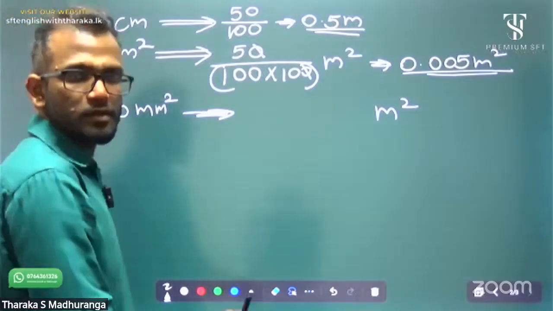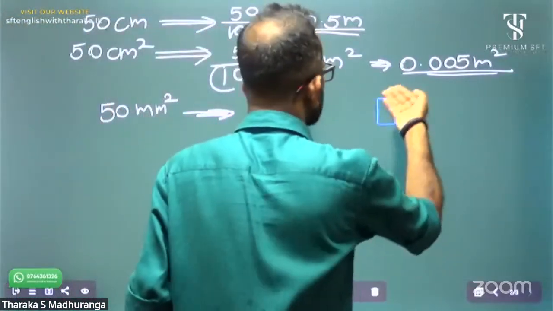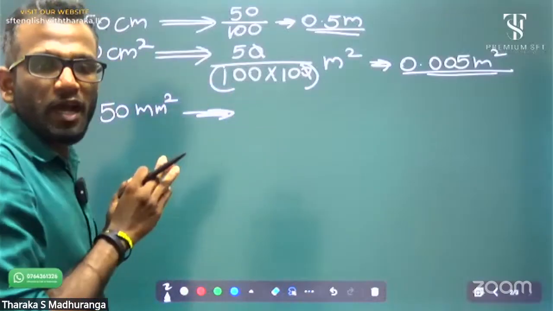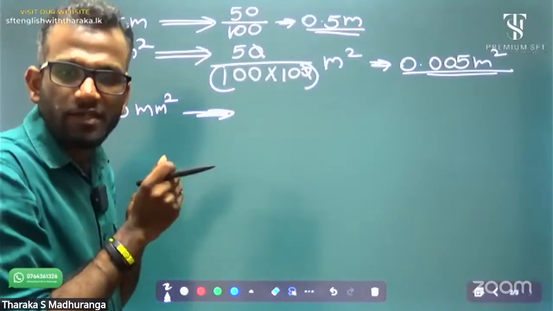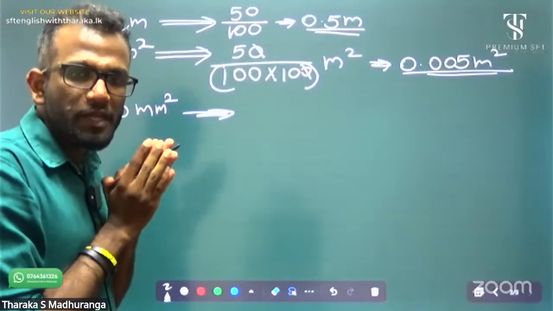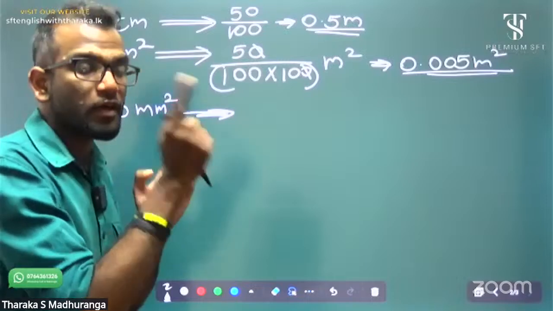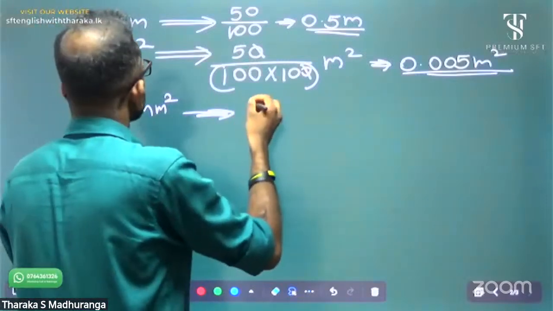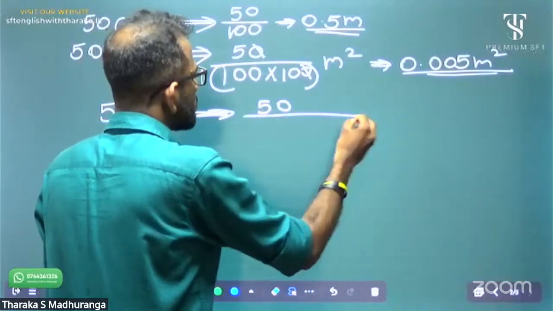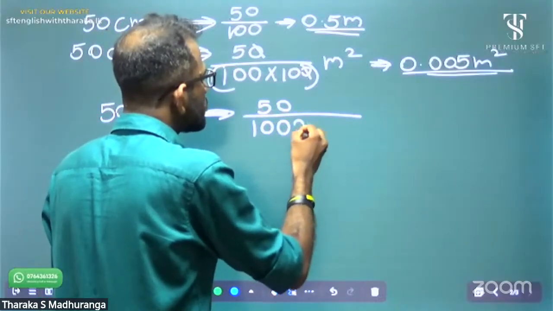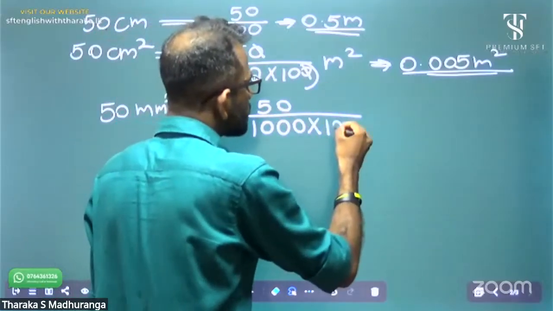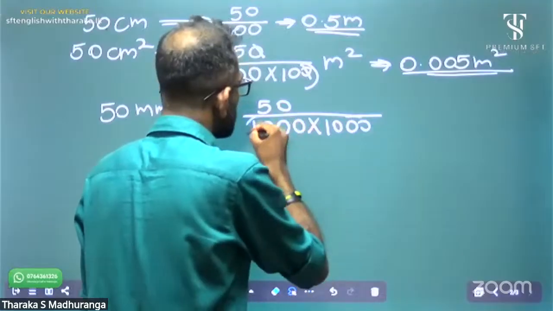How to convert? Per 1 meter, how many millimeters? 1000. Then because it is square millimeters, you have to divide by 1000 into 1000.